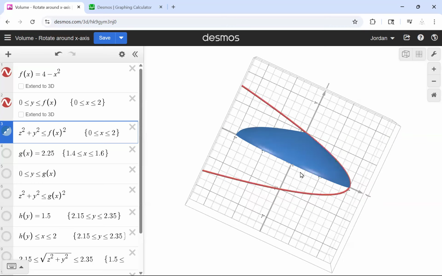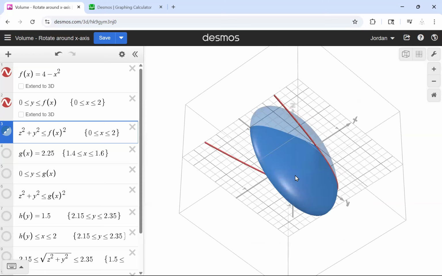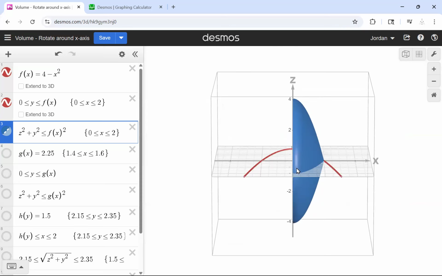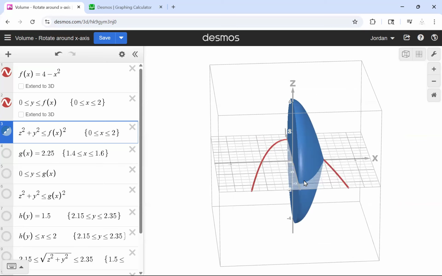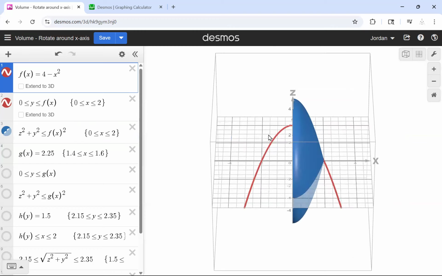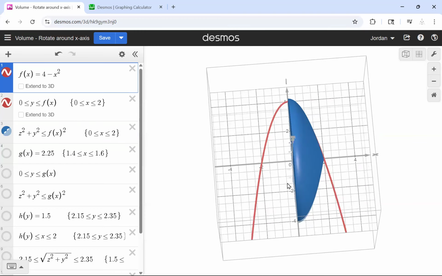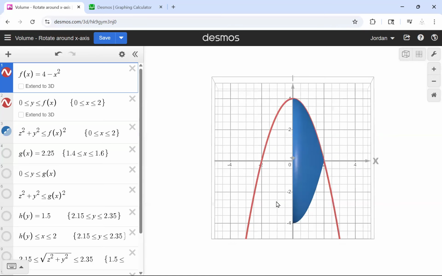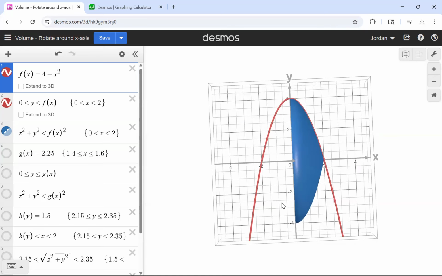But that's the idea. All right, that's the three-dimensional object we've created. And we've seen that the volume of that object is approximately 53.62. So the volume of that object there is about 53.62.